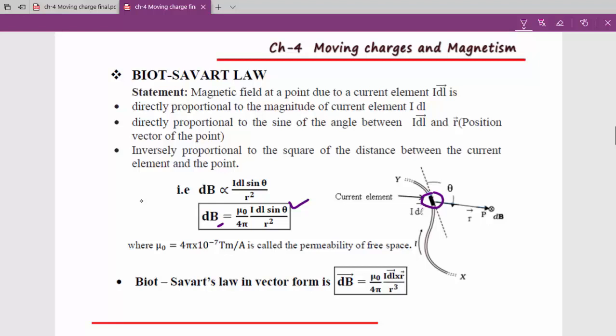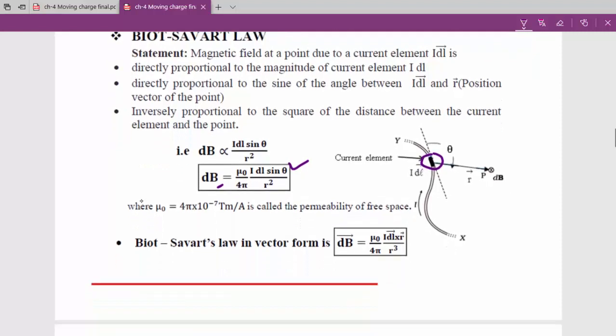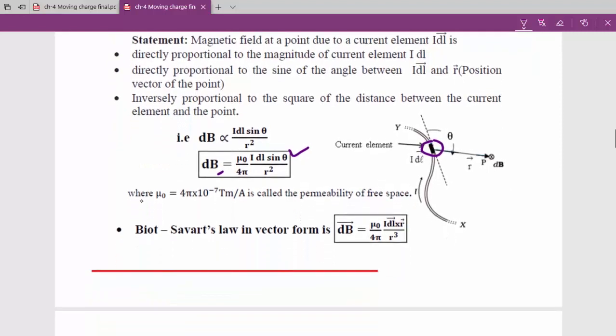That's why it is written as dB. Biot-Savart's law in vector form is dB equal to mu naught by 4 pi, I dl cross r divided by r cube. If you expand dl cross r, it is written as dl into r into sine theta.